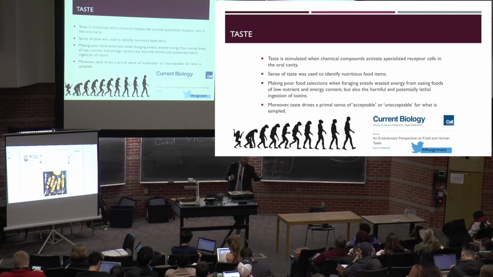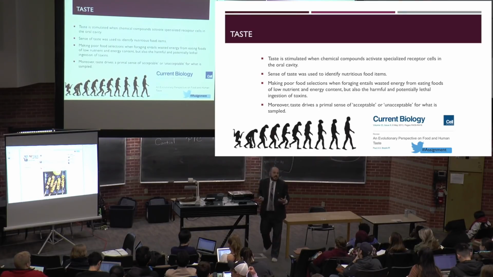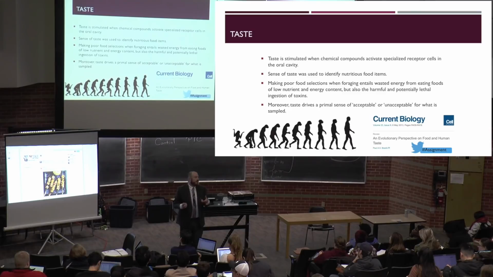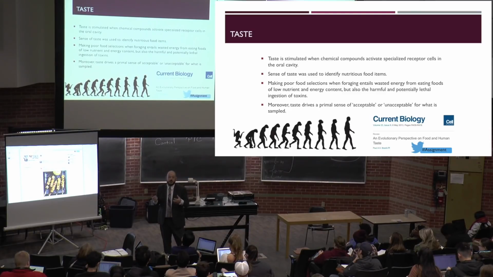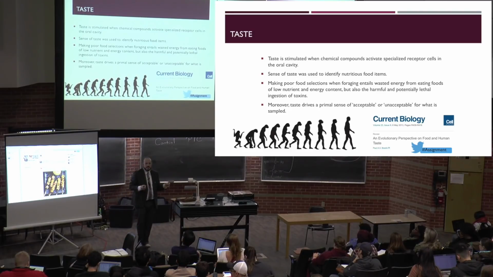It was used as a mechanism to select foods that are energy dense. When you spend 90% of your time foraging, you want to minimize that time as much as possible, so you identify foods that are calorie dense. You do that by identifying foods, typically, that are sweet. So we use it first as a way to identify nutrient-rich resources.